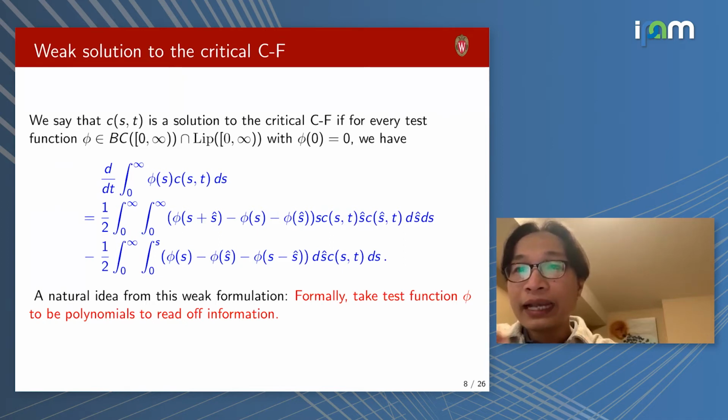And you gain particles of size S plus S hat, so that's why you have phi S plus S hat minus phi S minus phi S hat. And then because I assume that my coagulation kernel is S times S hat, that's why I have S times S hat times c.